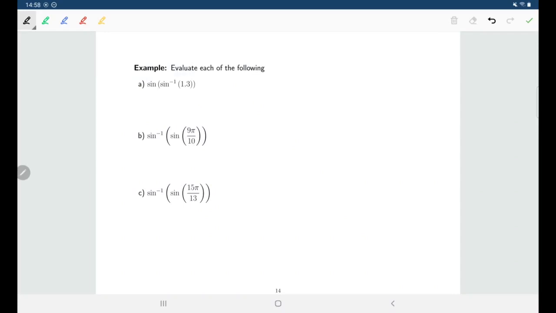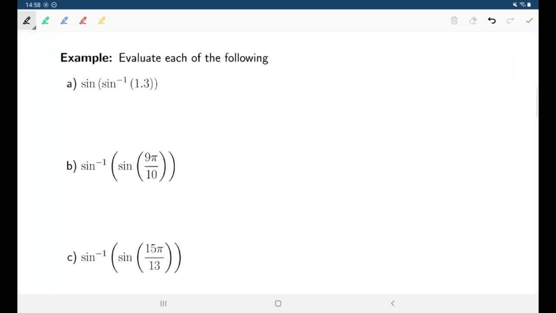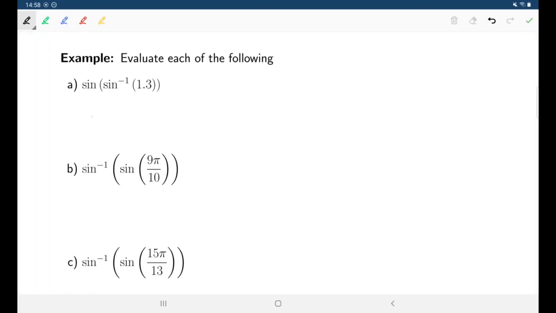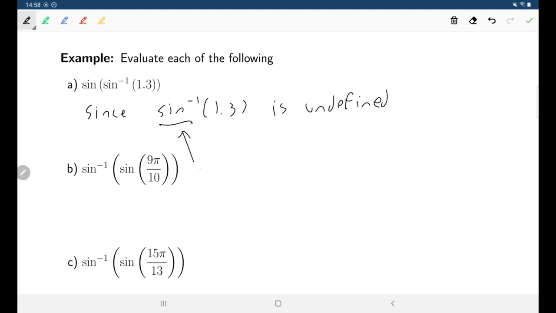All right, the first one is one that's actually relatively short. So we're looking at sine composed with sine inverse of 1.3, and I can say that sine inverse of 1.3 is undefined. And I know that it's undefined because remember the domain for sine inverse was just the values from negative 1 to 1.